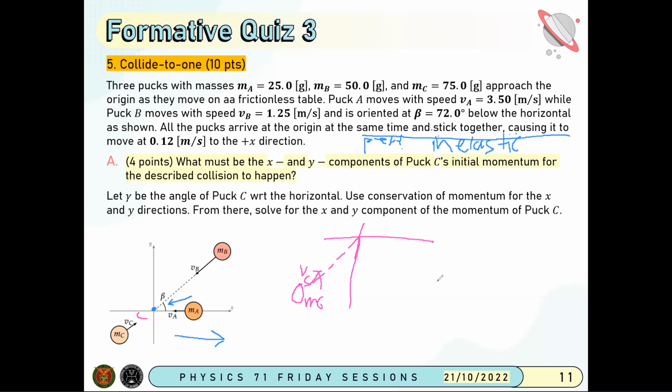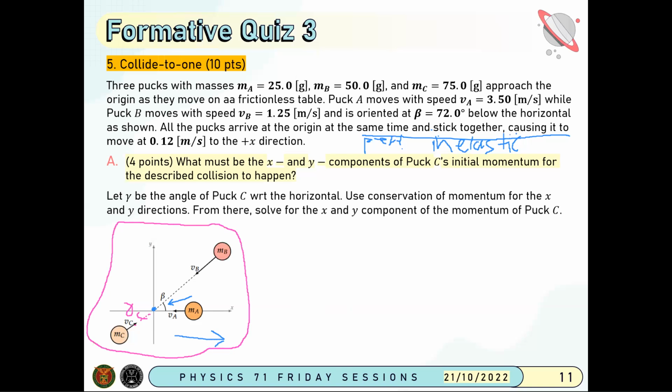So now we draw our initial state and our final state. Okay. So yan yung gamma. This one. So ito yung initial state. Right? Yung they're just approaching the origin.